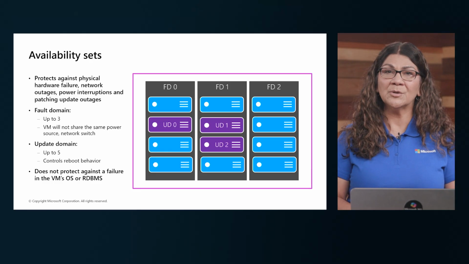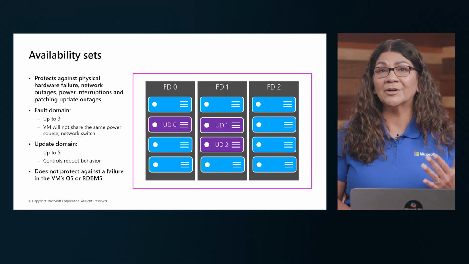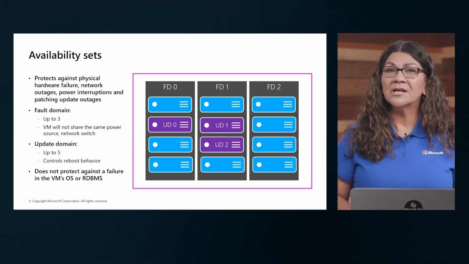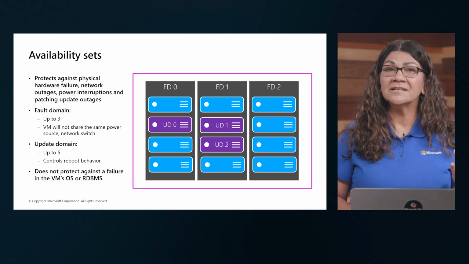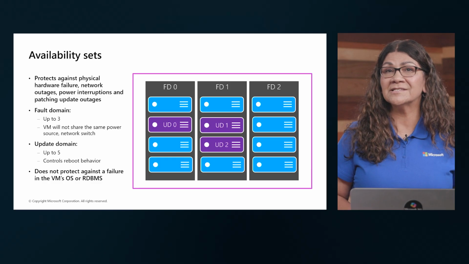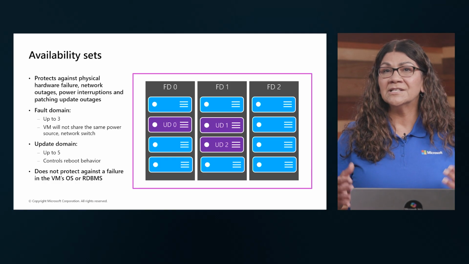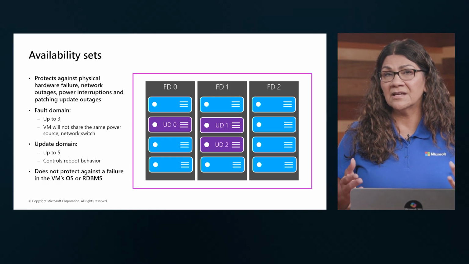Benefits here include improved resilience to hardware and maintenance-related outages, and use cases include deploying high-availability SQL Server configurations and application tiers that must remain operational during planned and unplanned infrastructure events.